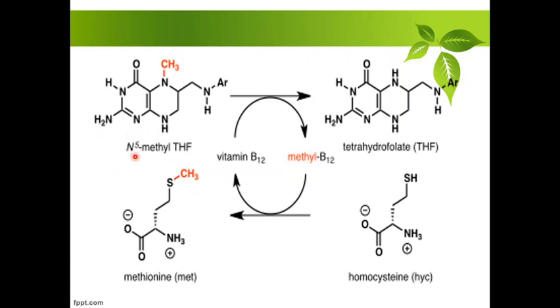What is N5, N10 methyl tetrahydrofolate, what is N5 methyl tetrahydrofolate, right? So it requires B12 and 5 methyl tetrahydrofolate. It requires B12, and in this way it is converted to tetrahydrofolate, and tetrahydrofolate is required in the DNA synthesis and the DNA replication.